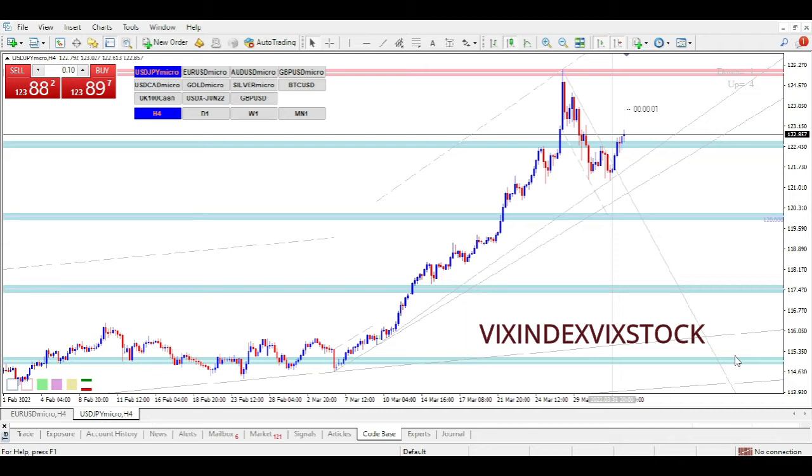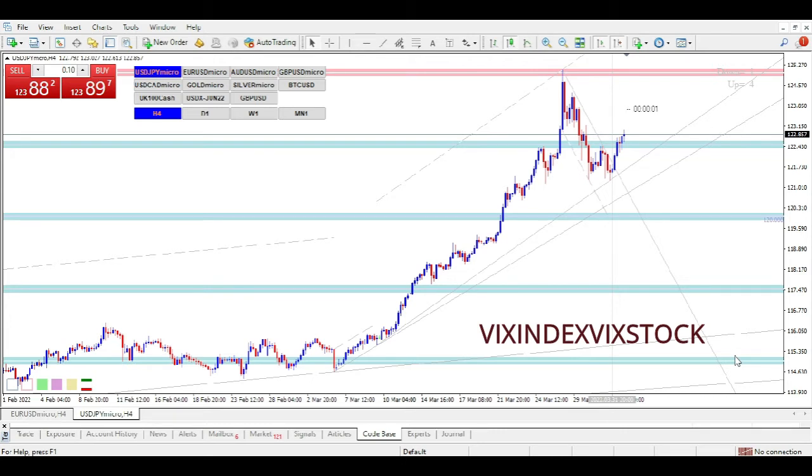So the first thing that you need to watch out for, a major factor in the forex exchange market, is interest rate decisions by the Fed or by countries' central banks, like the Bank of England, because interest rates generally give you an idea of how that country's economy is performing.